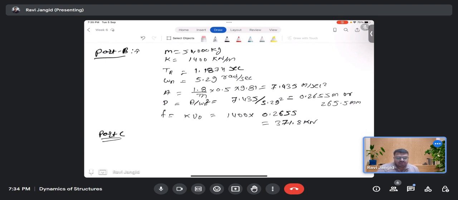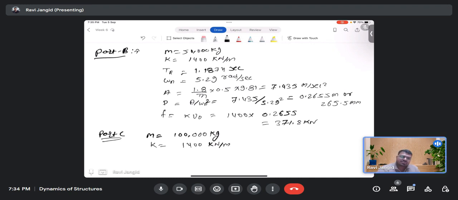Okay. So in this, what have we done? The mass is doubled, so mass is 100,000 kg. Stiffness is the same, 1400. No, 700.